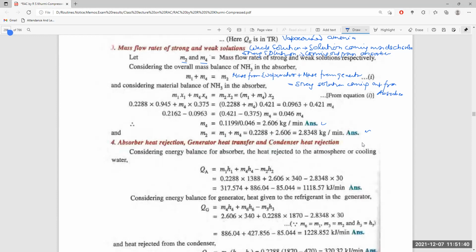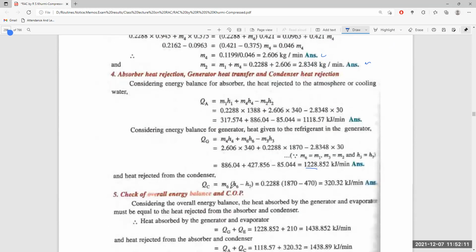That is M6 is equal to M1, M3 is equal to M2, and H3 is the enthalpy. M3 is the mass flow coming out as the weak solution, and M6 is the M1 mass flow going out of the generator. Put the respective values and we get Qg as 1288.805 kilojoule per kg. And the heat rejected to the condenser is QC equals M6 H6 minus H8, putting the respective values.